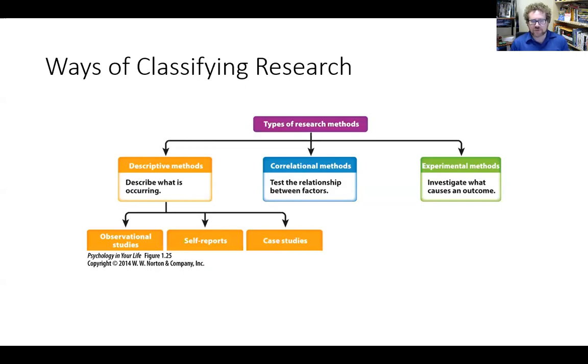Another form of descriptive methods that you will sometimes see utilized in the social sciences are self-report data, where people fill out surveys and questionnaires reporting on their own behavior. Case studies are a more in-depth form of descriptive research.